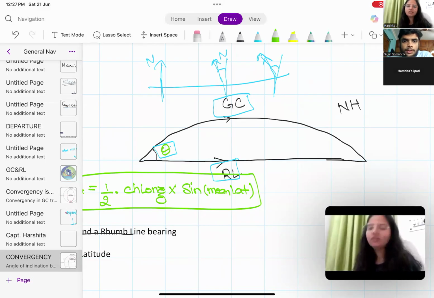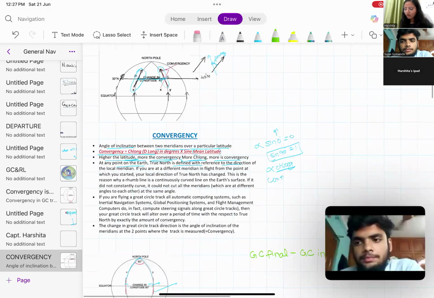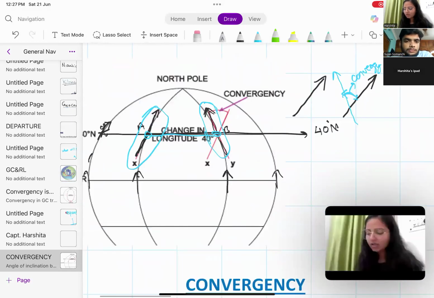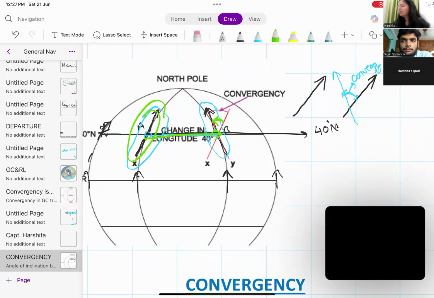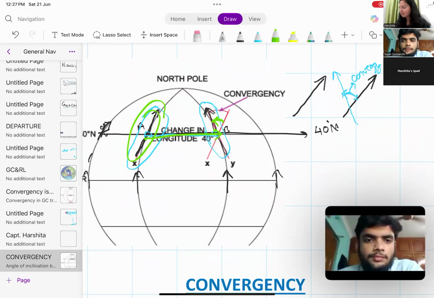That the north is changing its direction depending on the meridian. Very good. So if you are moving from one point to other, you should know how much angle you have to add or subtract from this meridian so that you will reach the correct direction. That is why we are learning about convergency, conversion angles.